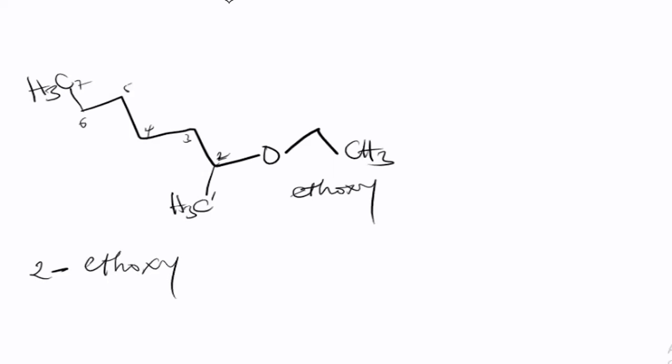So this is a 7-carbon chain alkane, which is a heptane. So I'll go ahead and call this 2-ethoxy heptane. So this is how simple it can be. So let's quickly look at one more example, and then we'll move over to the next.